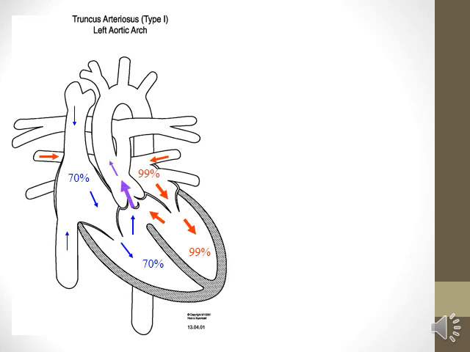Blood goes from right ventricle to this common trunk, and from there going into lung also, and to the systemic circulation also. From the lung it returns purified or oxygenated blood to left ventricle. From there both oxygenated and deoxygenated blood mix here in the common trunk.